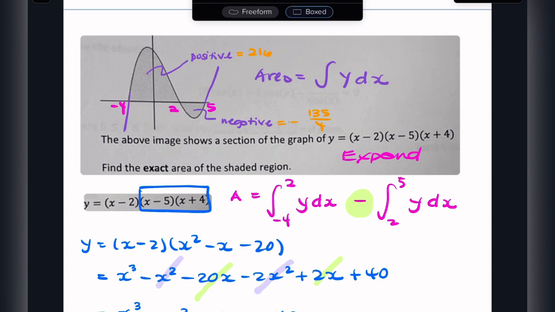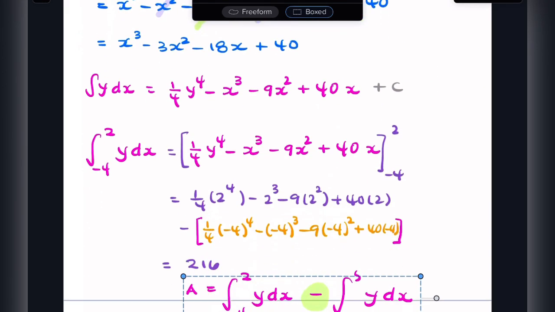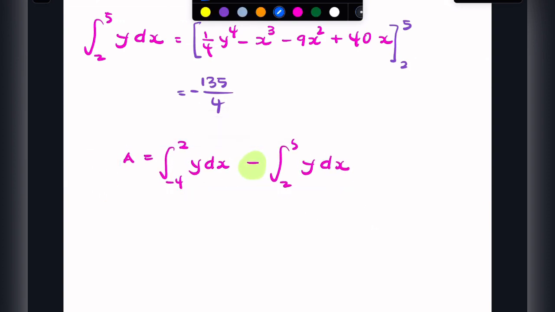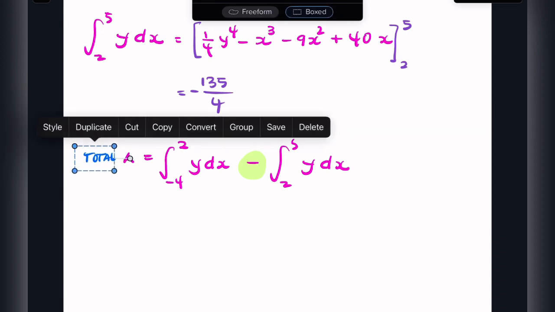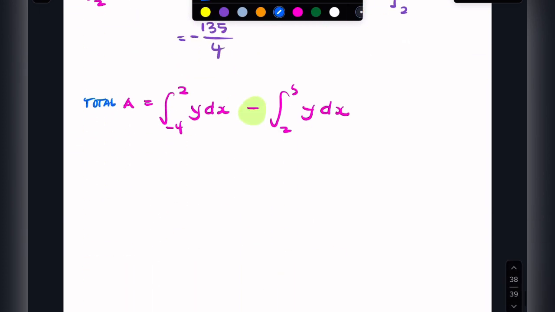So my total area will be the sum of these, or the difference of these, to make sure that the negative is treated as a positive. So the total area is 216 minus 135 over 4.